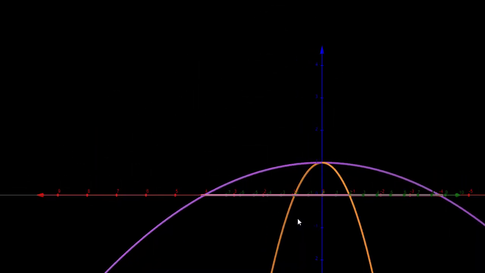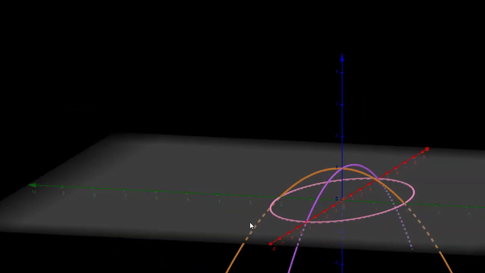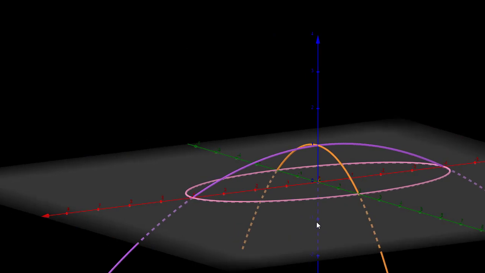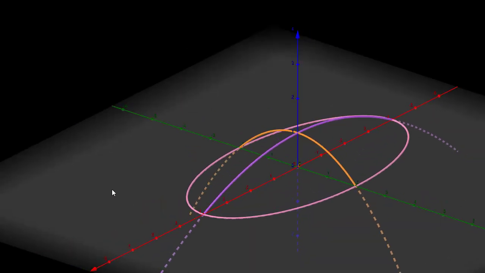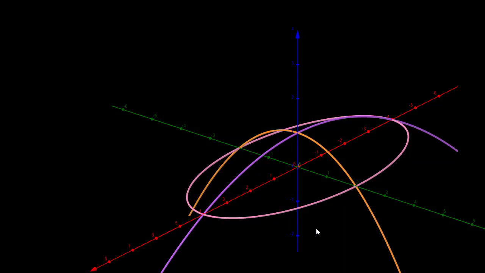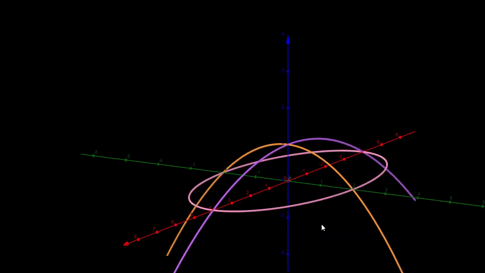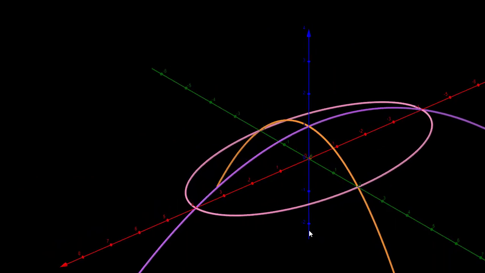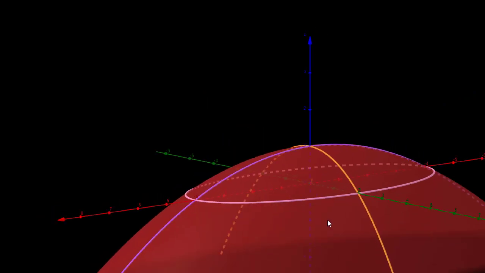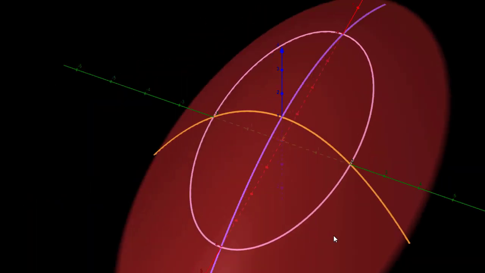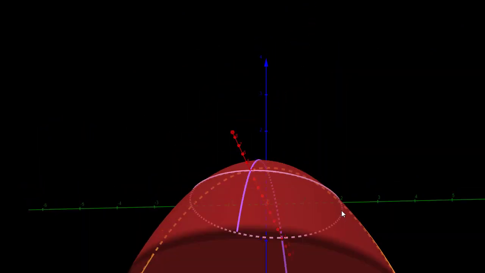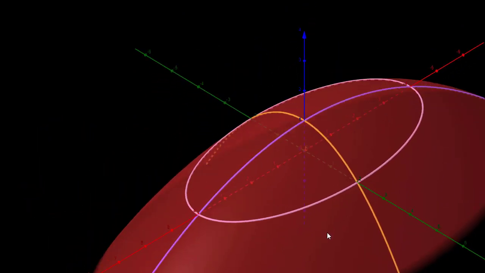So when we put them all together, we can see we've created a sort of bowl shape. Let's get rid of the plane for a second here, so we can see how these fit together now. And if I actually put in the surface itself, we can see that it's giving us a nice skeleton of how the surface is behaving.